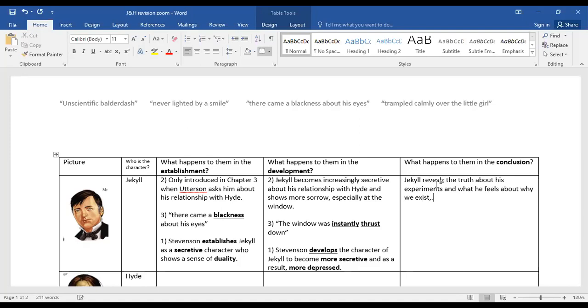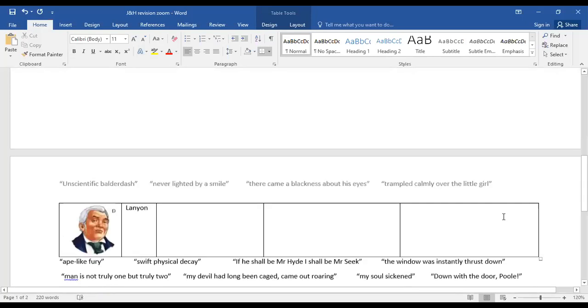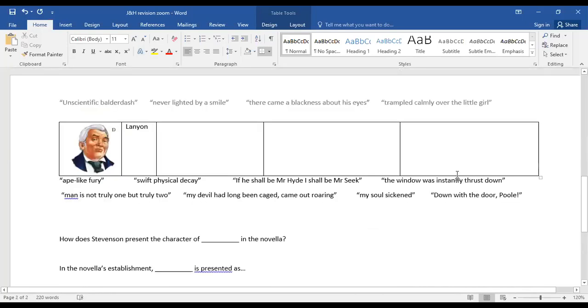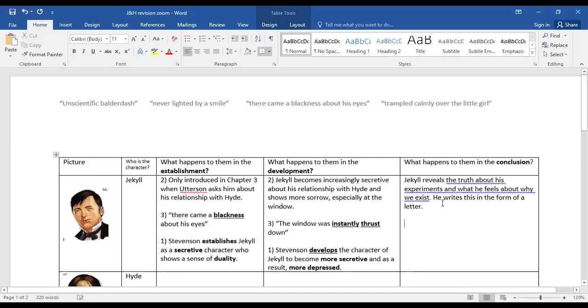His existential crisis, he writes this in the form of a letter, because remember, the last chapter is the revealing of the case. So almost as if we've had the mystery and now the truth is coming out that way. But ultimately, there are a couple of other quotations we could use for this. The really crucial one is when he says, "man is not truly one, but truly two."